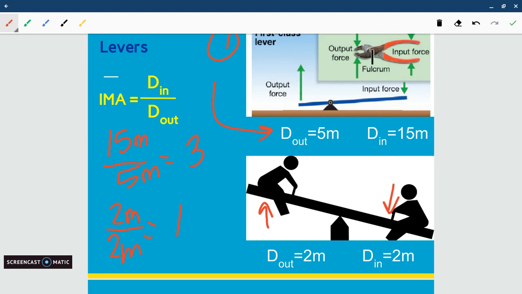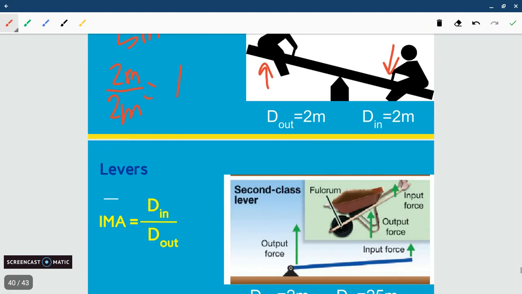The same thing happens with a single pulley mounted on a surface: you pull something up by pulling down on it, and sometimes just changing the direction is very useful. You can put your whole body weight into it. With first class levers, you could get a mechanical advantage of greater than 1 or less than 1, because all you would be doing is shifting the distance to the fulcrum.